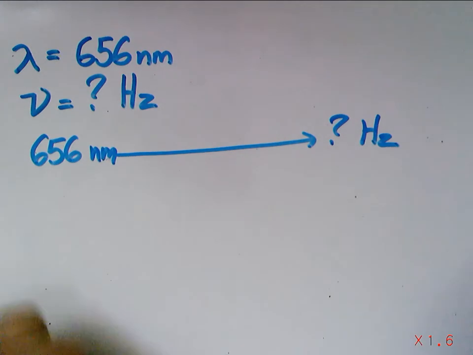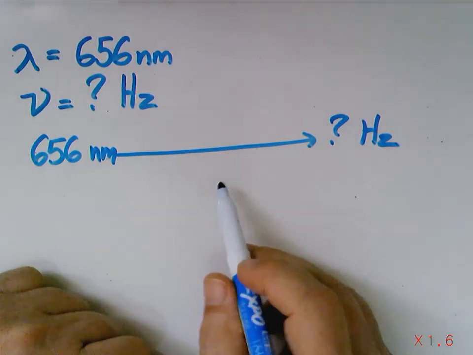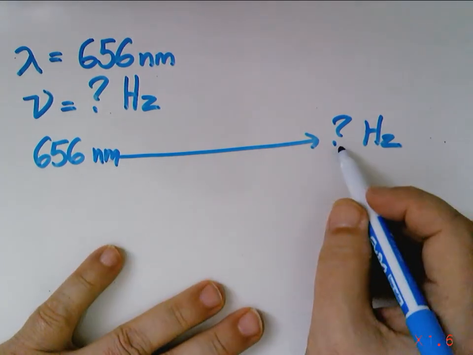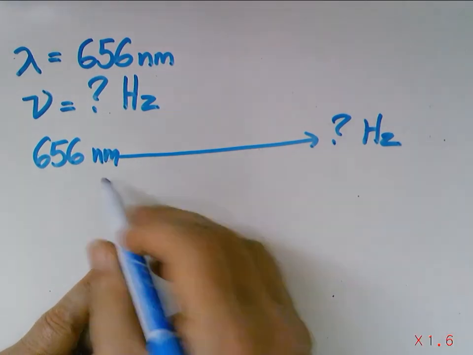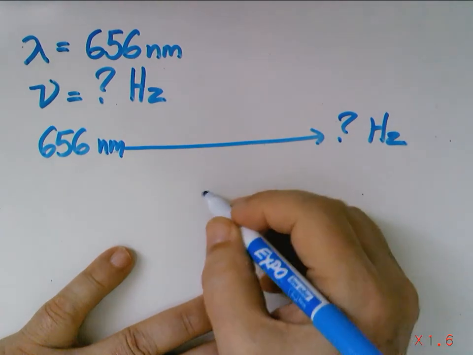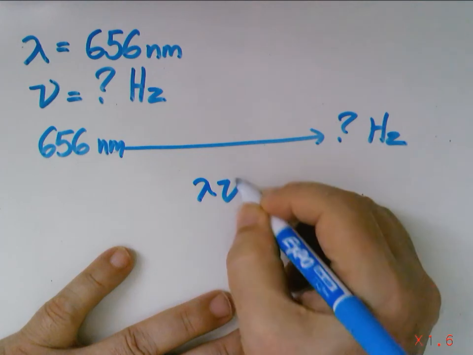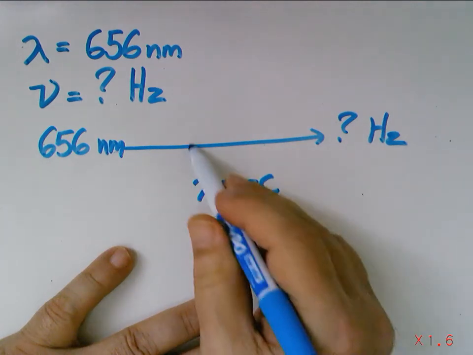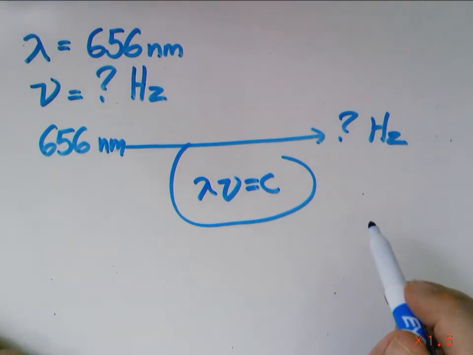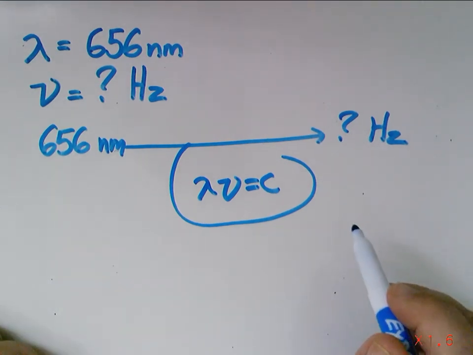Now, I'm not going to write just something equals something with units this time. But what I can do is say frequency. What's the connection between frequency and wavelength? The connection is that equation. This connects these two things, but how I set it up will be a little different. I'm not going to have conversion factors.